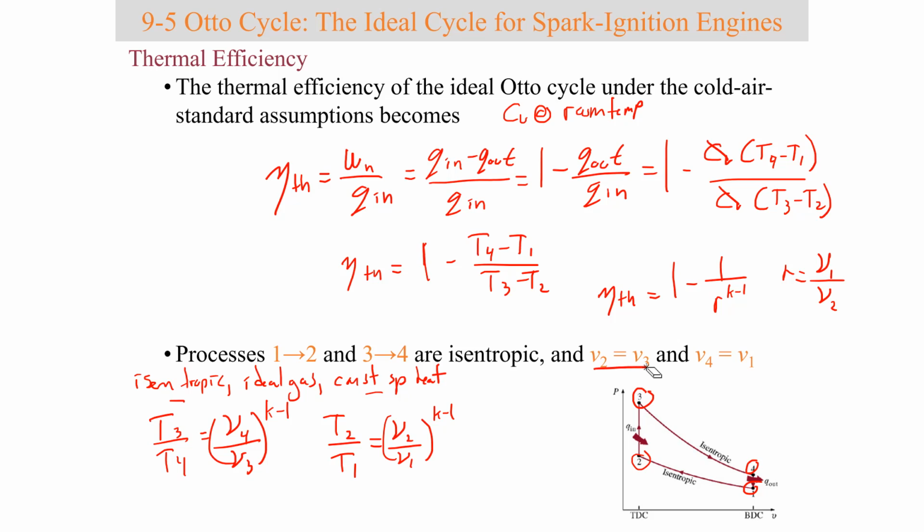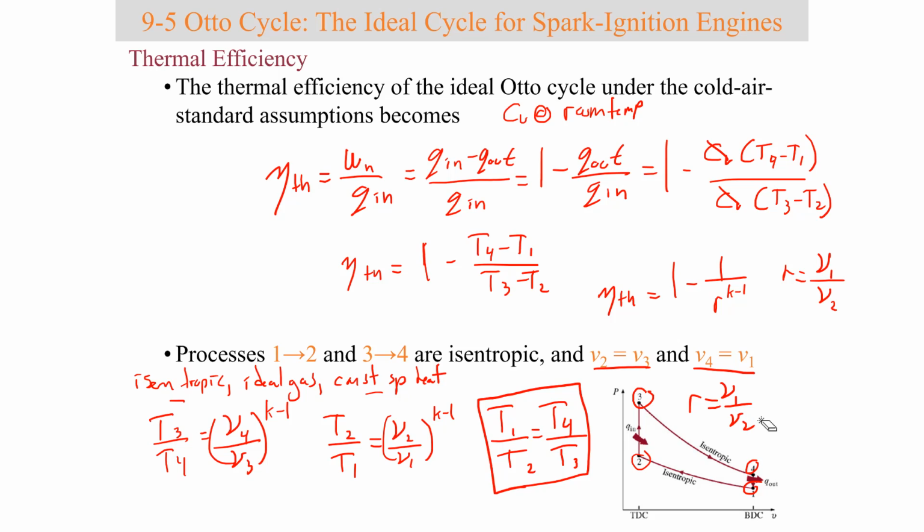And since nu 2 is equal to nu 3 and nu 4 is equal to nu 1, I can actually go ahead and equate T1 over T2 as equal to T4 over T3. Because if you remember, the compression ratio is nu 1 over nu 2, where nu 1 is equal to nu 4 and nu 2 is equal to nu 3.